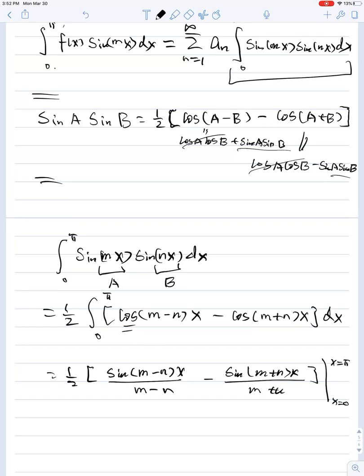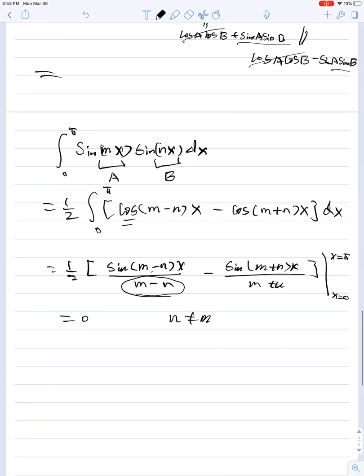Of course, sine of an integer times pi and sine at 0 are all 0, so this term is always 0. Except that here we have to assume that n is not m, because when n is m, this term would be 0 in the denominator. So what we did here would be illegitimate.